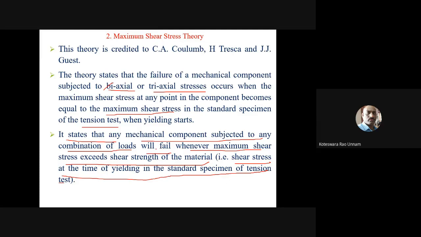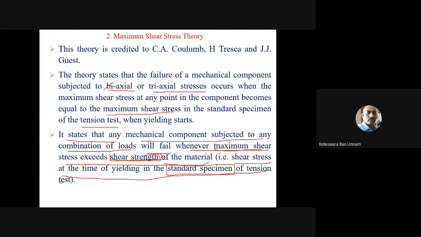If the maximum shear stress exceeds the shear strength, we'll say the component is going to fail. As long as the maximum shear stress is less than the shear strength of the material, the component is safe. The shear strength is the magnitude of the shear stress at the time of yielding in the standard specimen of tension test. These are important things: you cannot take any specimen, you need to take a standard specimen for the tensile test.